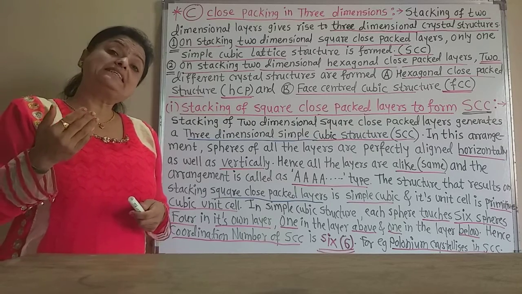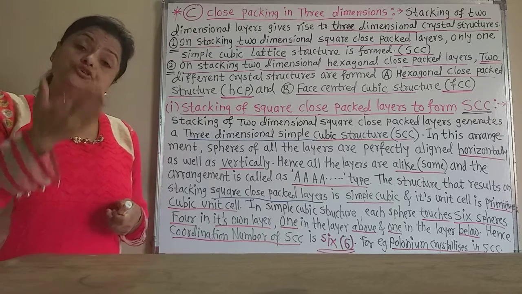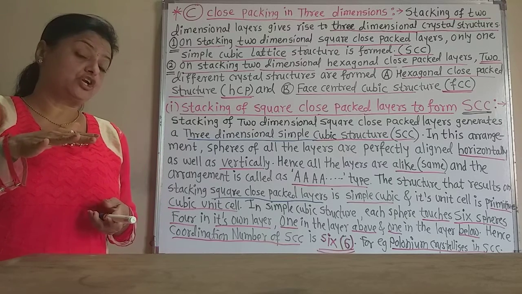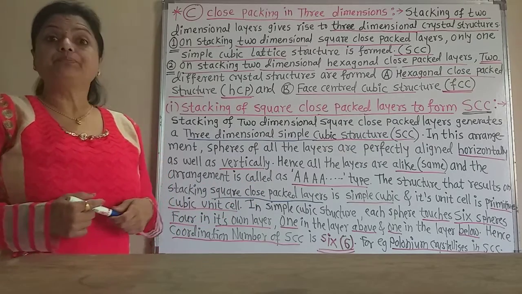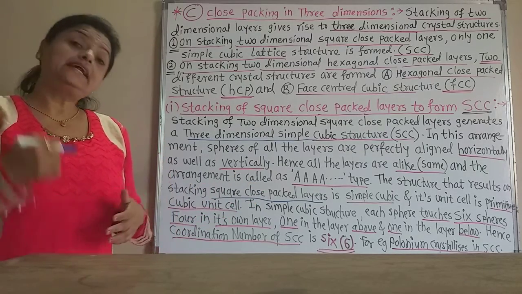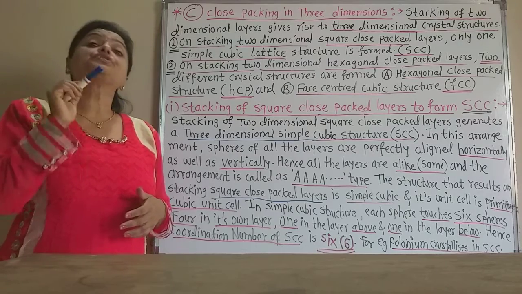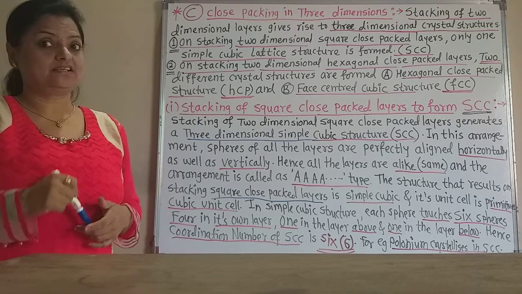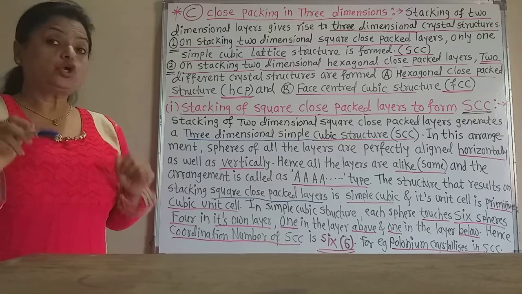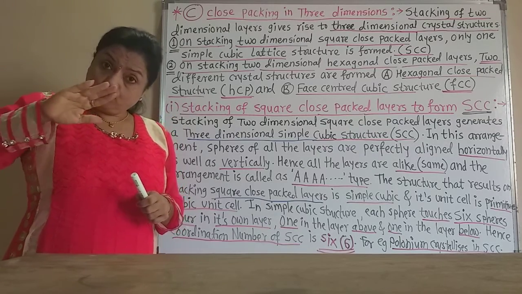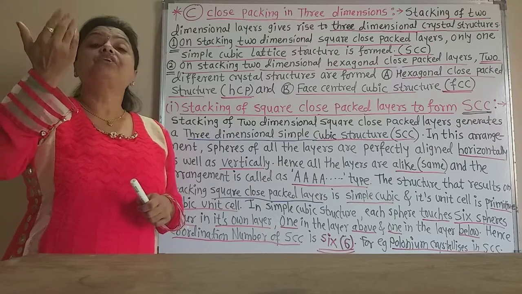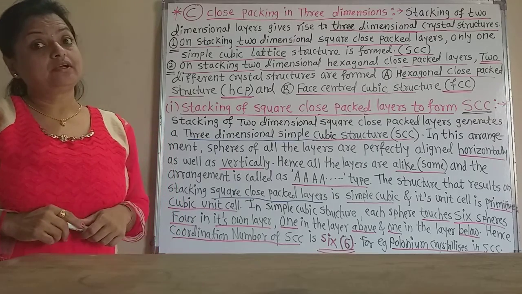But if we stack these 2-dimensional layers one above another, making AAA type, that is the simple cubic crystal, then the given sphere touches 6 different spheres. Out of them, 4 are in the same 2-dimensional layer, one is above and one is in the layer below.